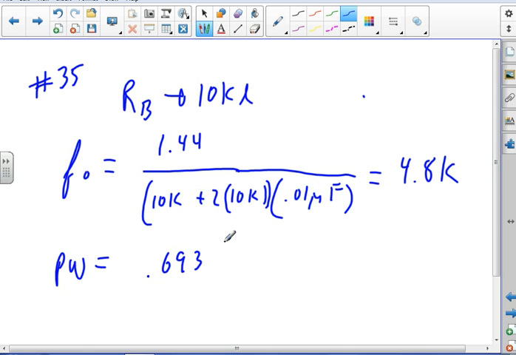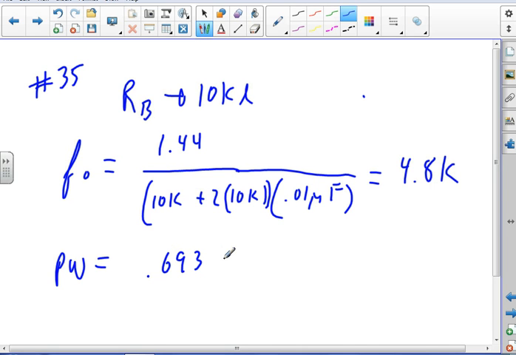Pulse width: 0.693. What's 0.693? Anybody know? Is that 1 over pi? No, it can't be 1 over pi. Is it 2 divided by pi? That's basically the thing we use when we find the average voltage of a sine wave. We use 2 divided by pi to get that.